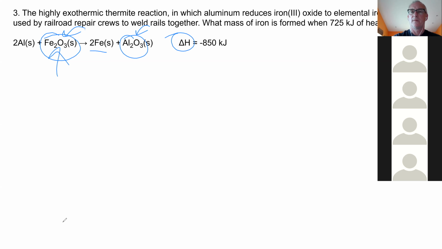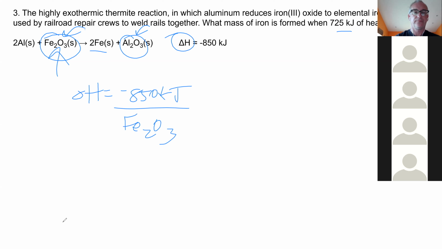So if 725 kilojoules of heat are released, basically how much iron did we start with? So delta H equals minus 850 kilojoules, basically per mole of Fe2O3.